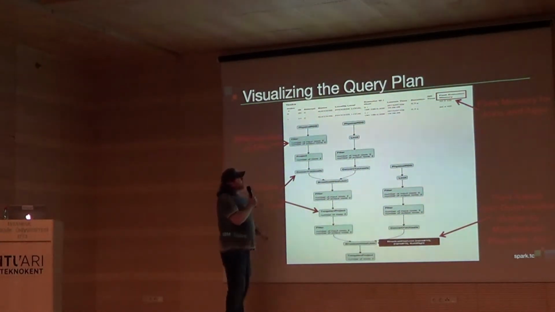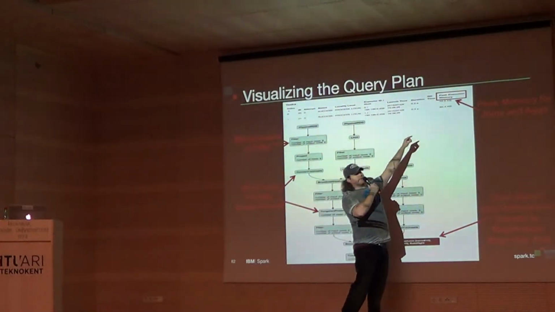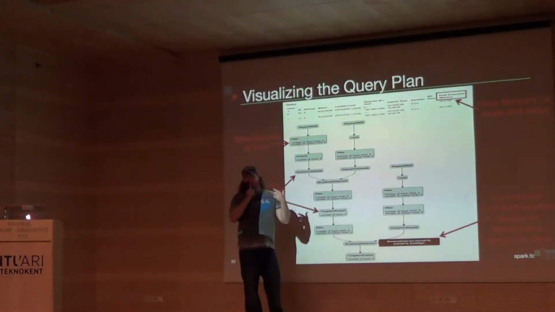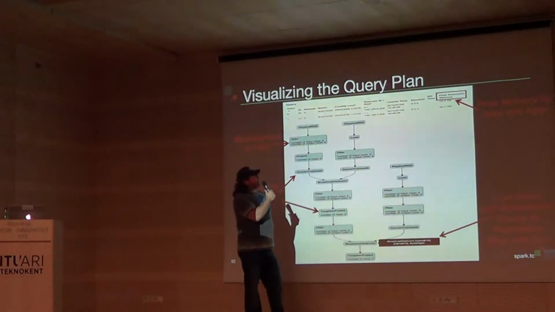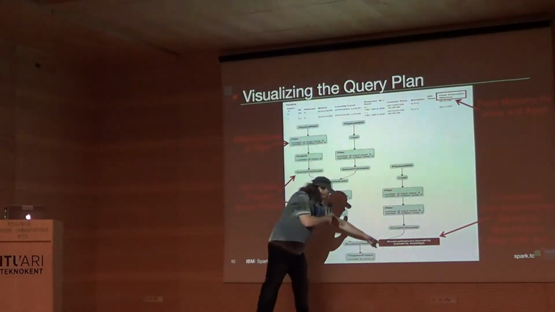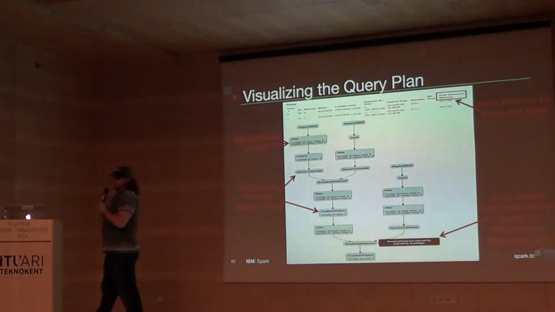Here's where you can see the peak memory. So this is new too. You can see the exact memory usage. Again, this is because of Tungsten, because of the ability to have byte counts within your byte array. And then you see broadcast hash join being introduced there, so that's something that's good.